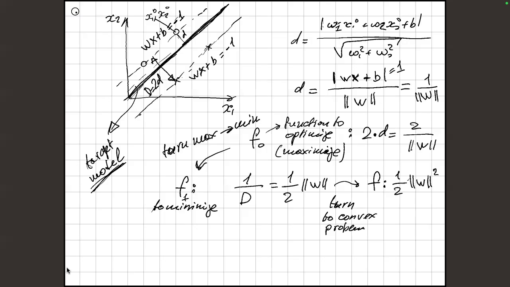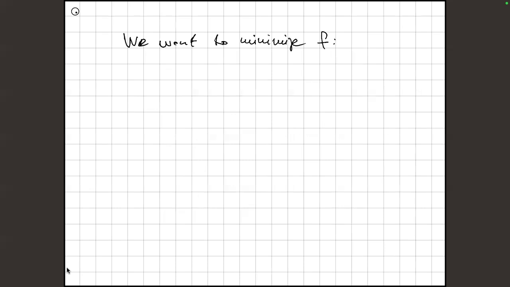And now that we have our function to minimize, f, which is 1 over 2 times the squared norm, we need to introduce our constraints.